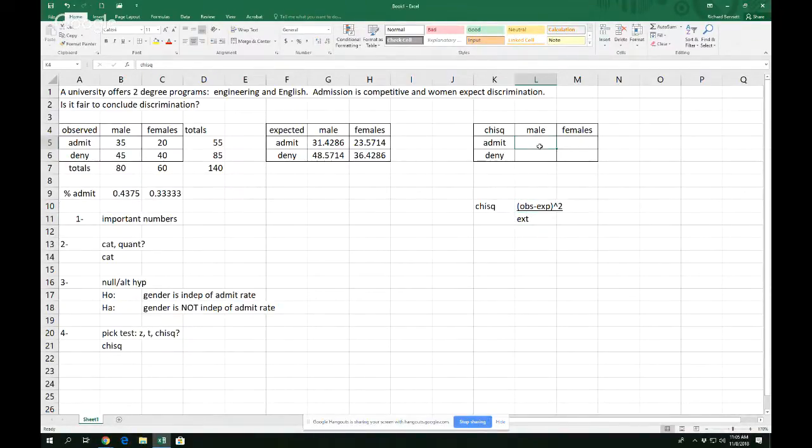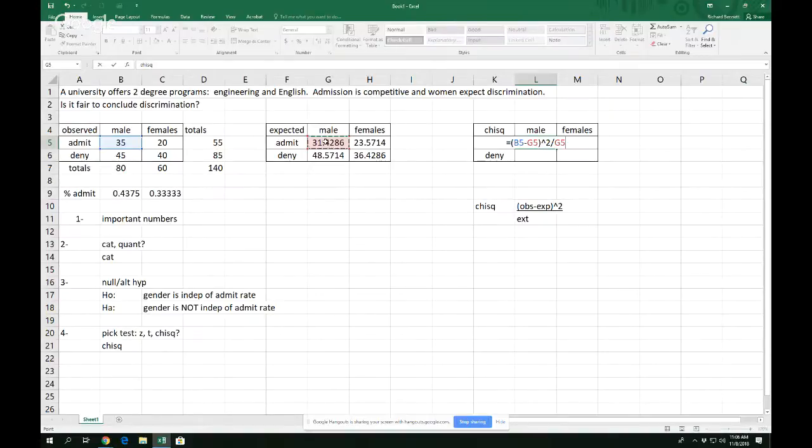All right, so here we are. We've got our third table here, the chi-square table. So we're going to take, and please use parentheses, this is another place people screw up. It's going to be the observed 35 males were admitted, minus the expected, we only expected 31.5. We're going to square that number, and we're going to divide by the expected.